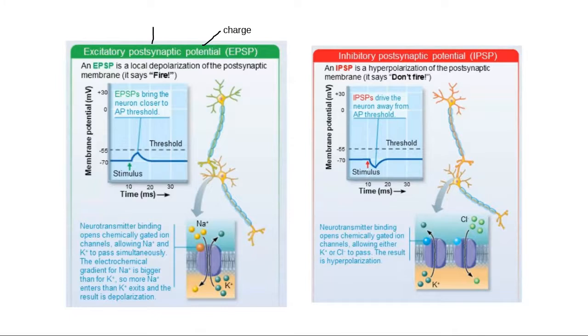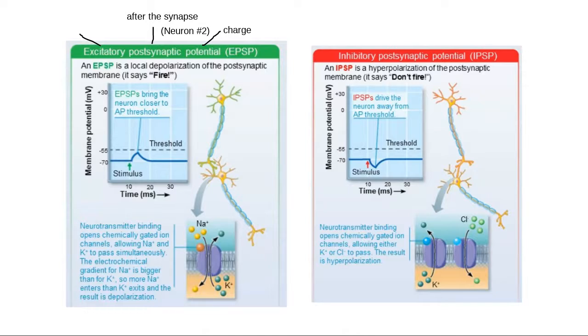So we are after the synapse, or in other words, when we're looking at two neurons talking to each other, neuron number 2 is the postsynaptic neuron. This word excitatory means we're making our membrane charge more positive.